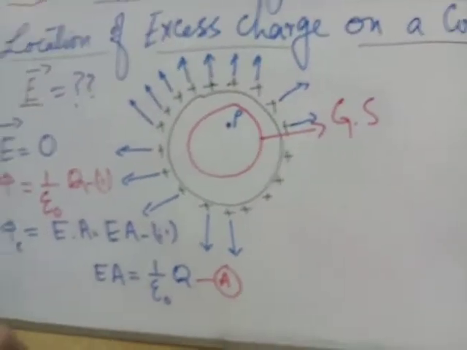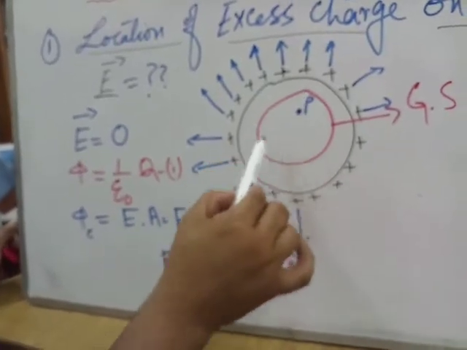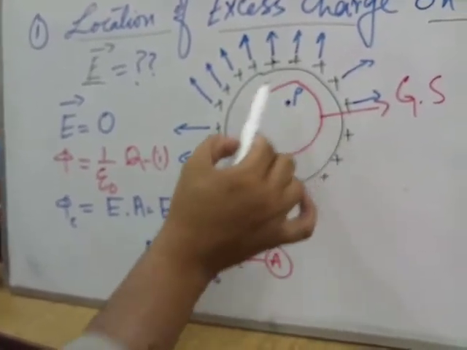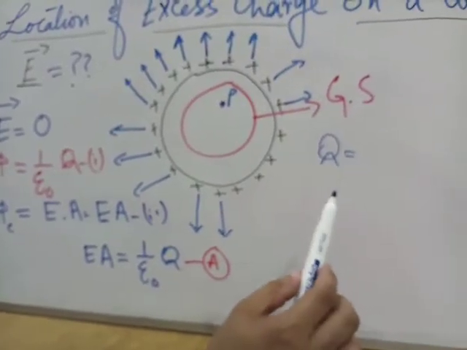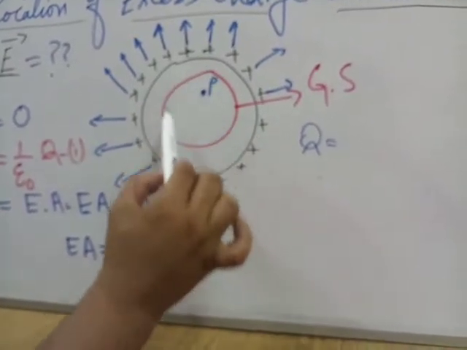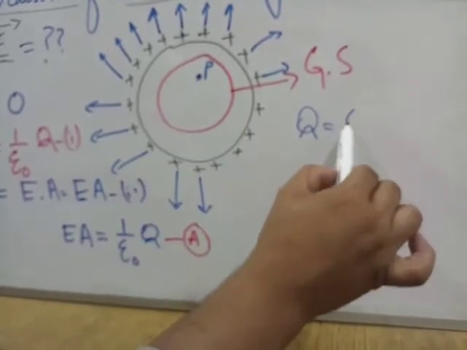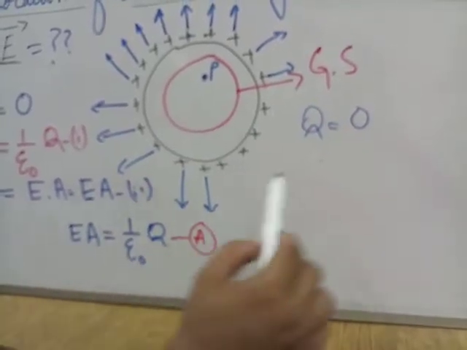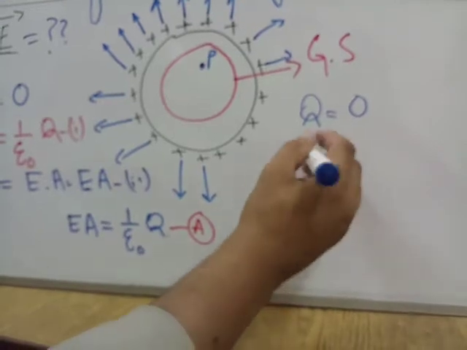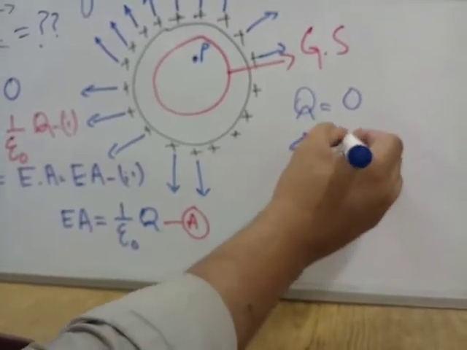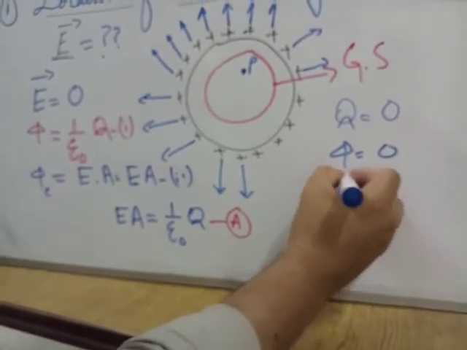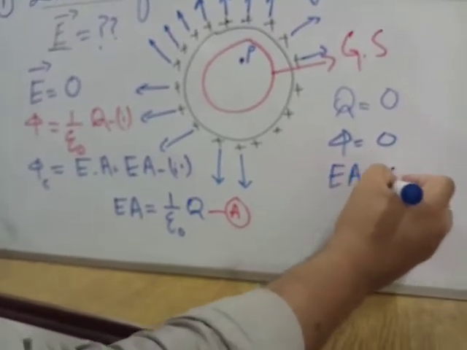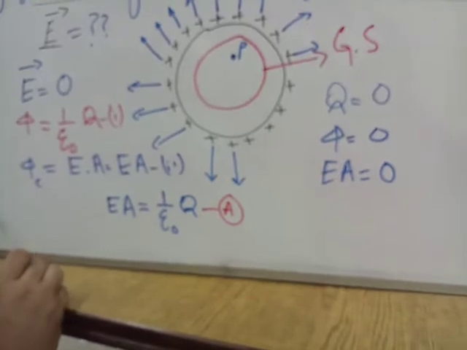So from this, no charge will be there on the Gaussian surface. Inside a sphere there is no charge. It means the flux will be 0. When flux is 0, it means EA is also 0.